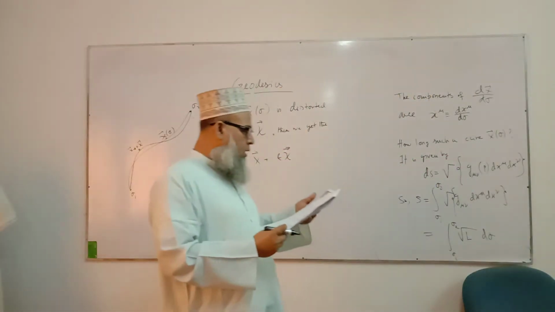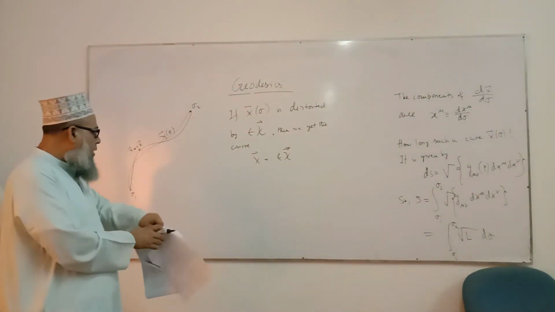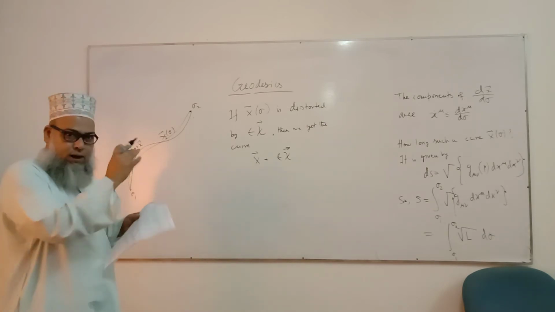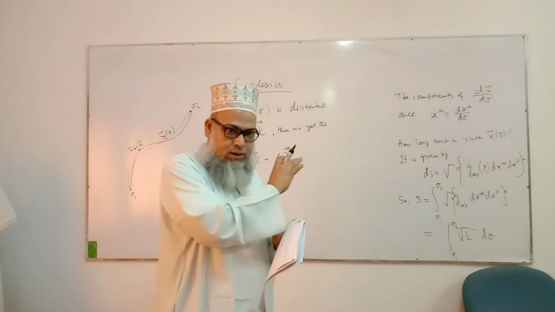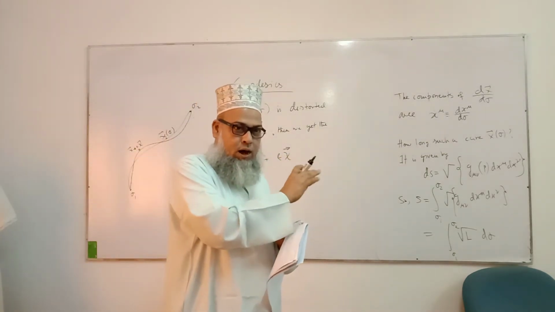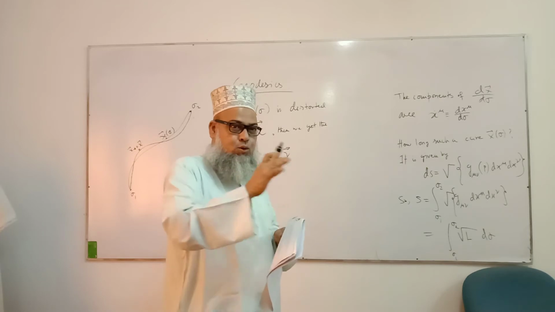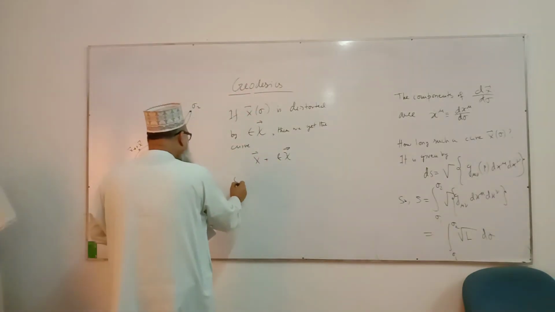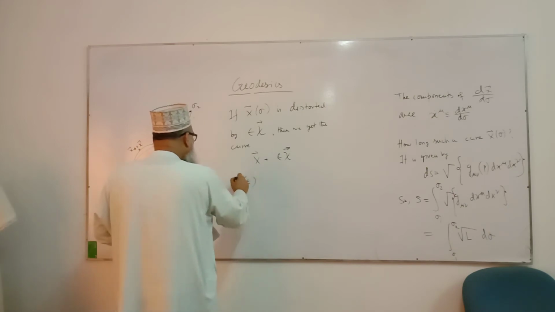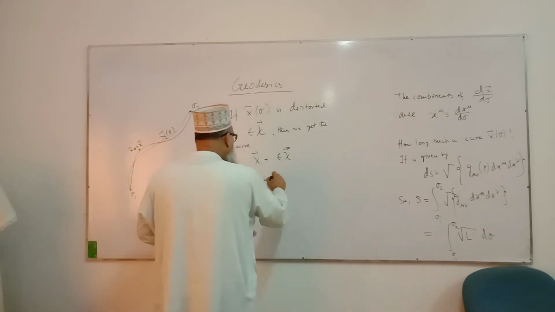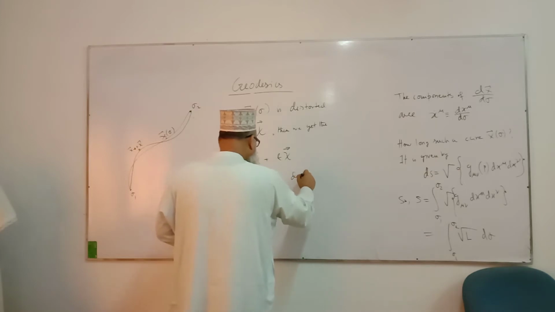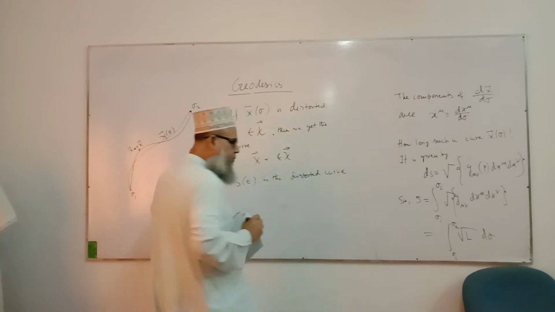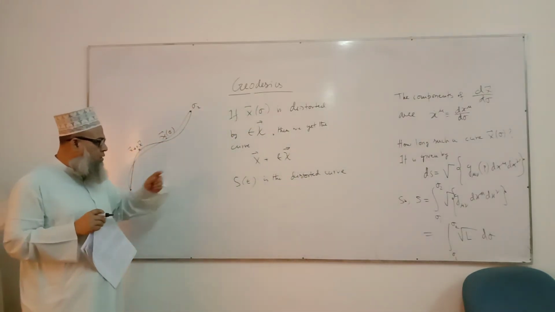Okay. Now, if the curve is geodesic, after this distortion the total length will remain the same. Say S of epsilon is the length of the distorted curve.